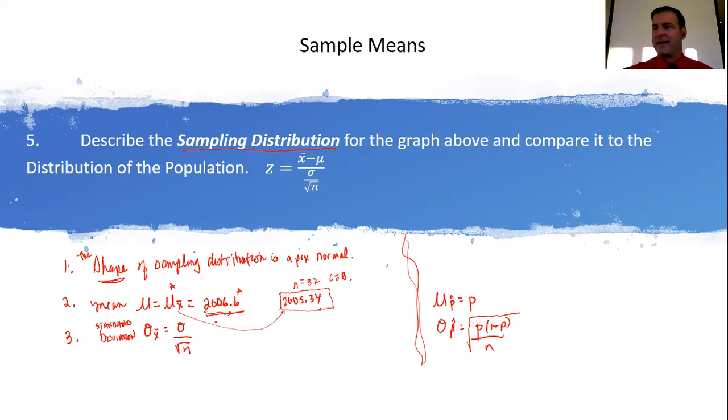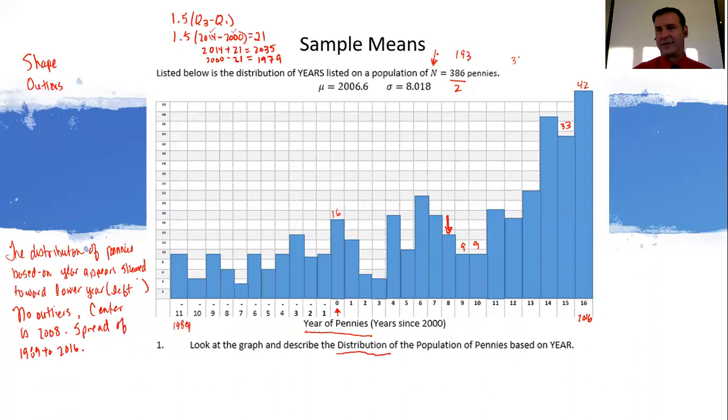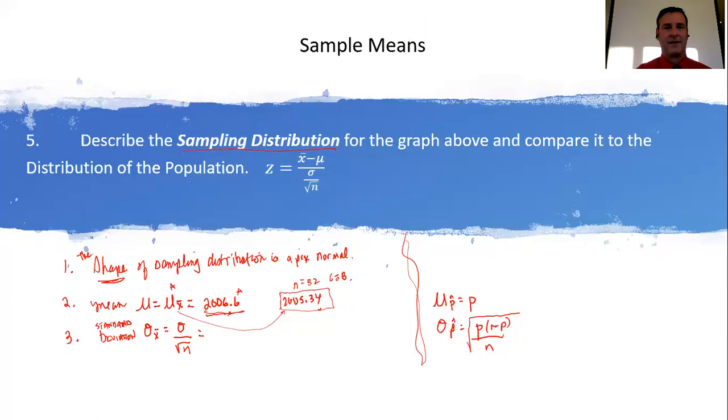Now, just to remind ourselves of my original standard deviation, I may have to bounce back and find it, so excuse me just for a second. I'm going to bounce back a couple screens. It is this right here, 8.018.